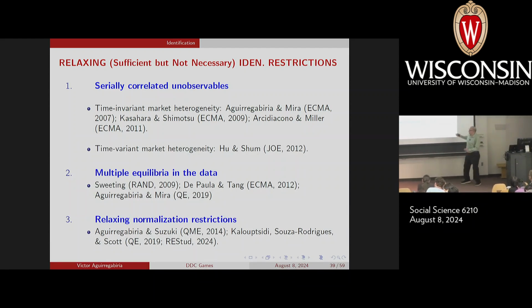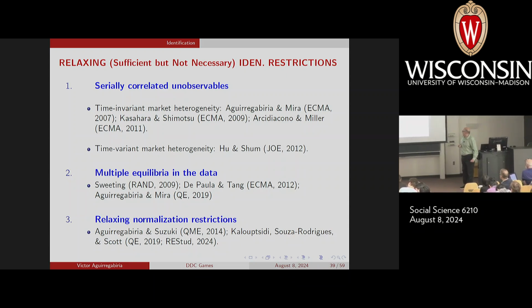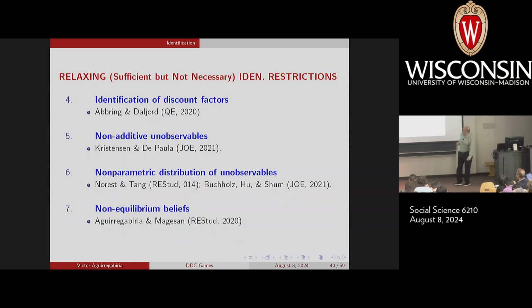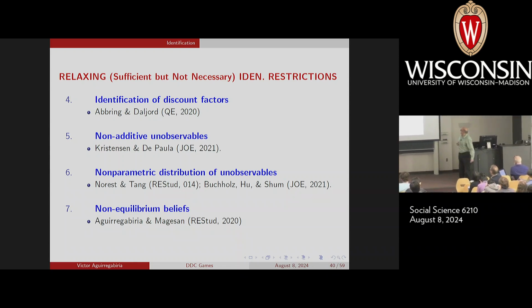We can relax, at least in terms of counterfactual experiments, normalizations of the payoffs. We can identify the discount factors under other types of exclusion restrictions. We can allow for non-additive unobservables.